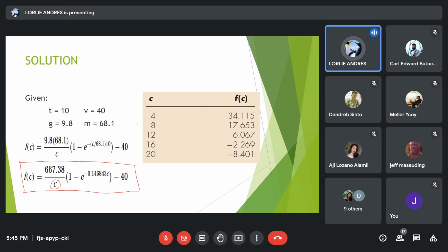So let's say the value of our C is 4. If our C is 4, when you substitute it here, this is 4, and this one is 4. So it will give you 34.115.